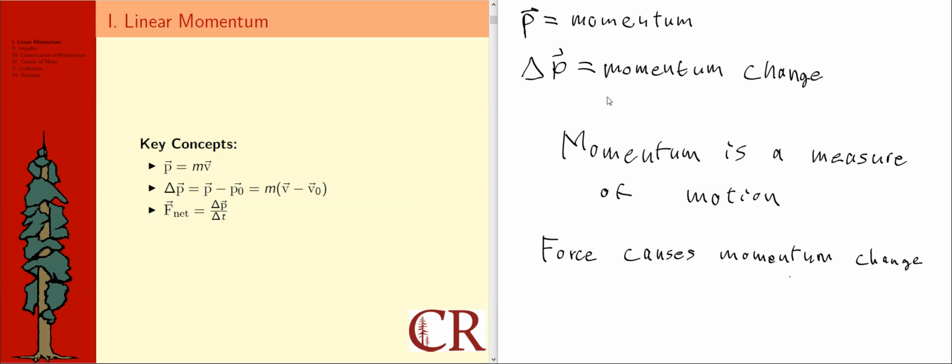But momentum, from another perspective, is a measure of motion. In other words, it's telling you how much motion an object has, in a way that is different than if you simply knew the object's velocity or speed.